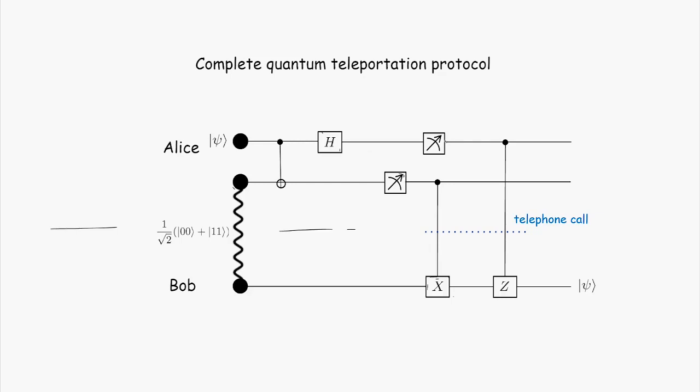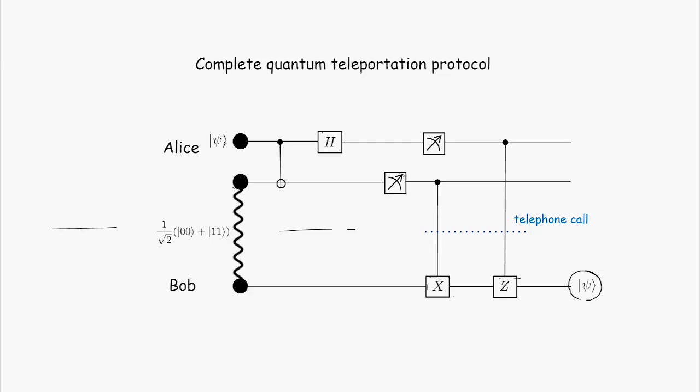So instead of measuring in the plus-minus basis, is the same thing as first applying a Hadamard transform and then measuring in the standard basis. And then again she calls up Bob and tells him the result of that measurement, and if it's a 1, Bob applies a phase flip to his qubit. Now, from what we have seen before, the result of this is that Bob's qubit is magically now in the state psi, which was the state of Alice's qubit.